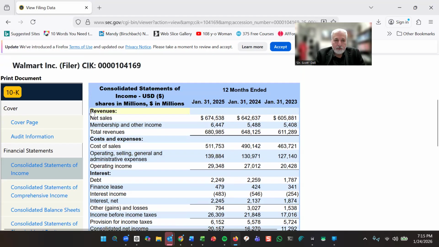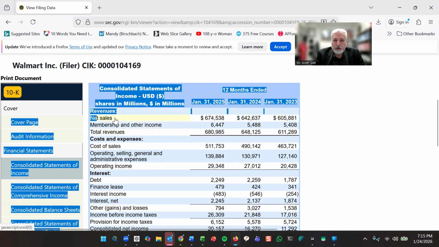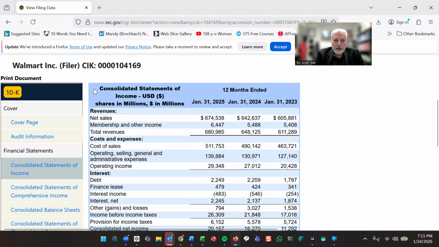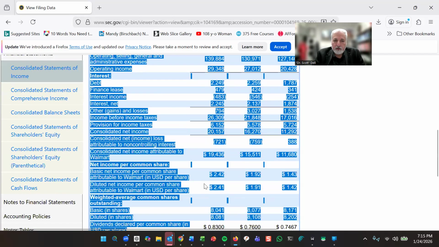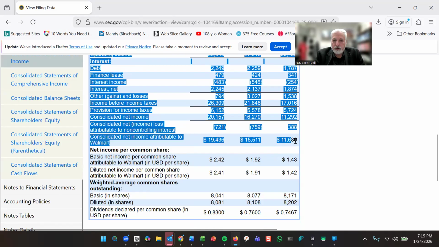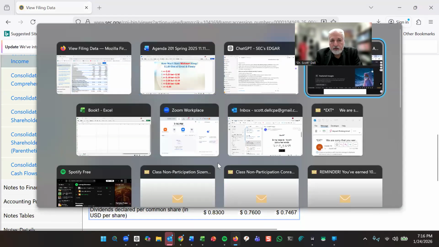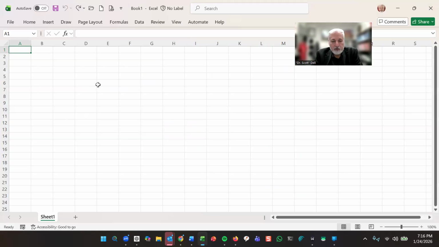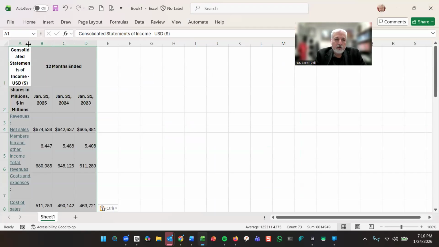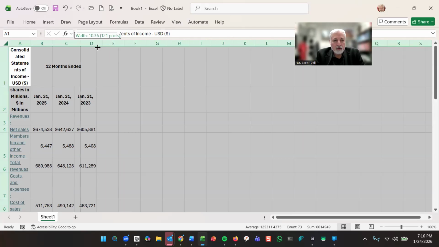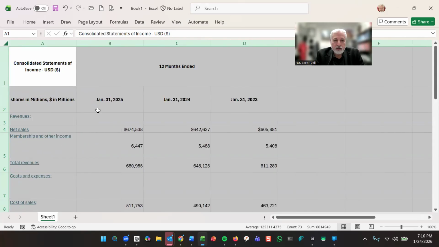I'm going to copy all these numbers into a spreadsheet just to make my life easier. Now, you can use a calculator if you'd rather, but I've got an Excel spreadsheet open. I'm going to put them here, and expand my cells so I get the numbers in a reasonable place.